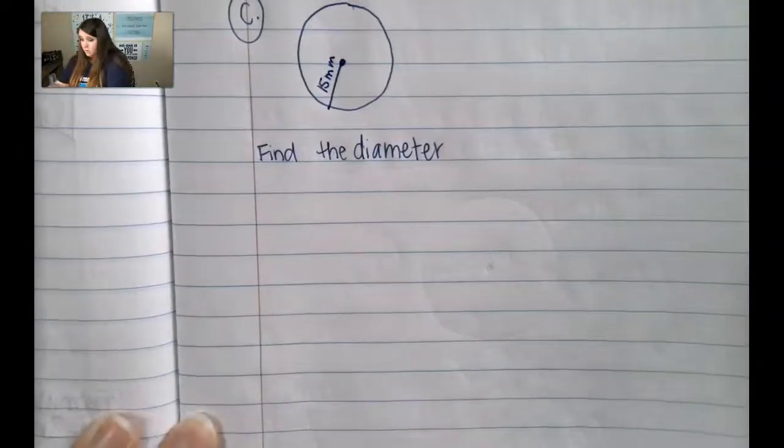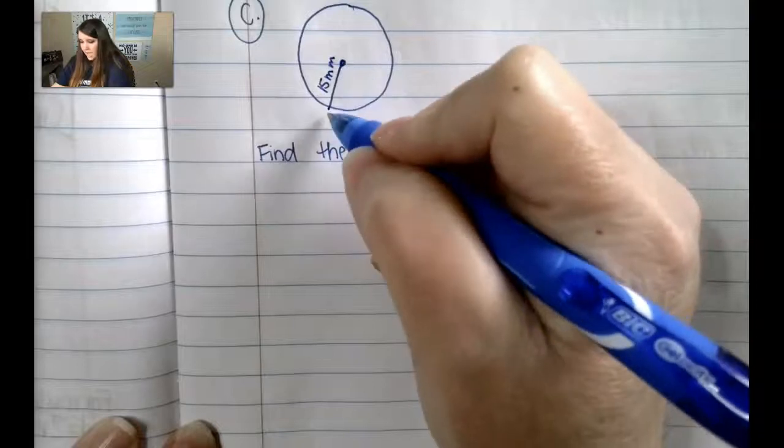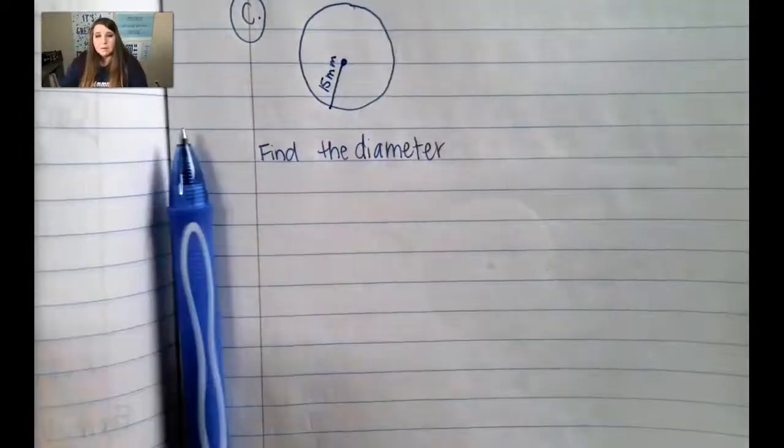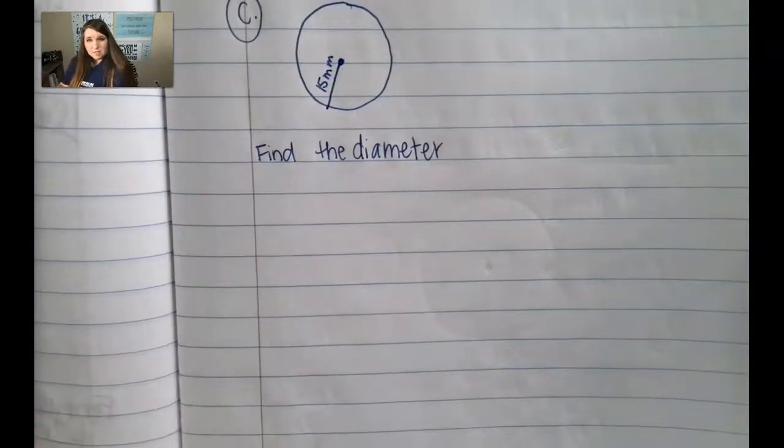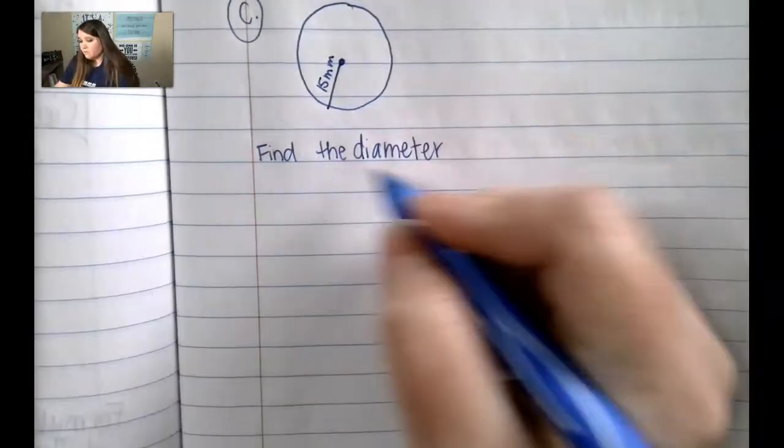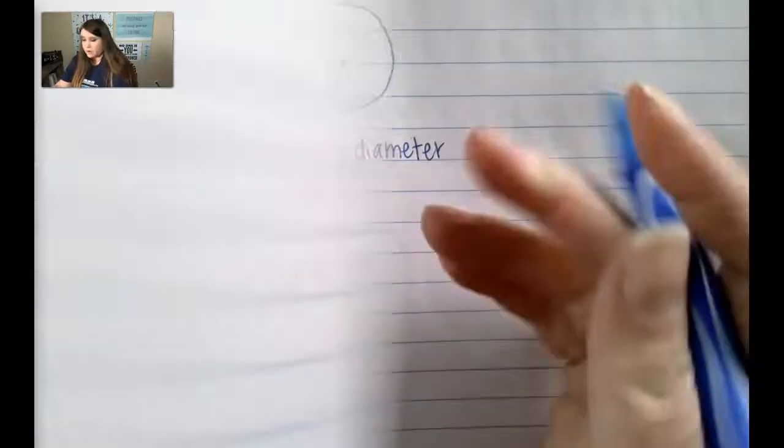From the center to the edge, it's 15 millimeters. So we just need to use this radius to find the diameter.